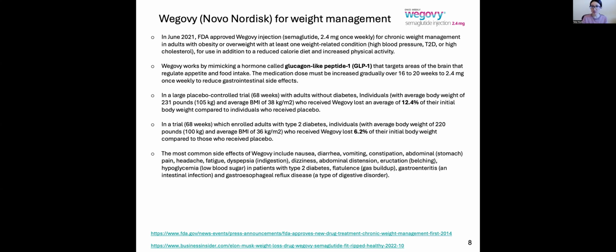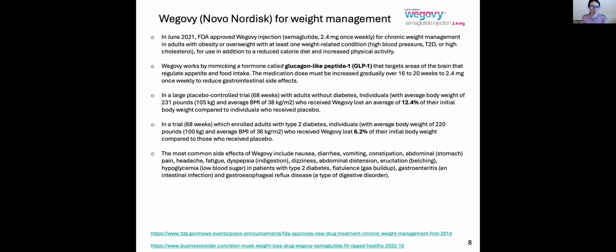So even though it says semaglutide injection 2.4 mg, it is increased to 2.4 mg gradually over a 16 to 20 week period to reduce side effects.